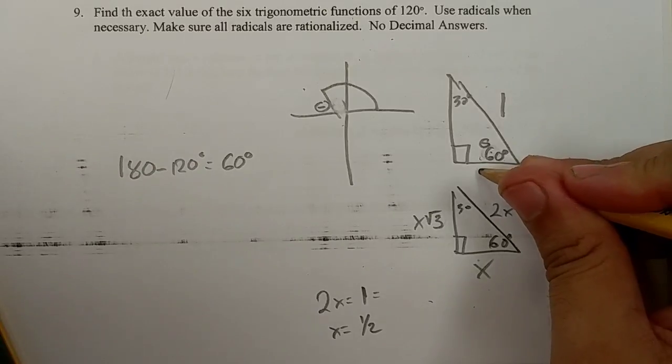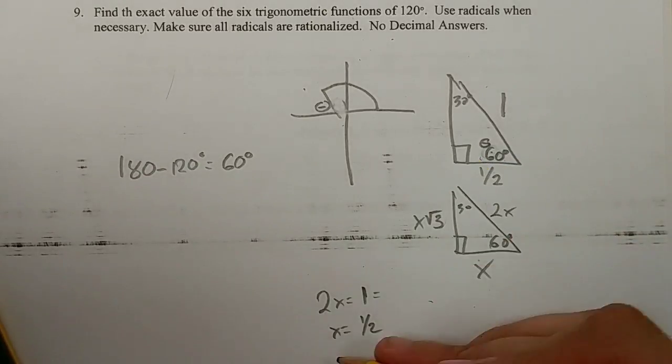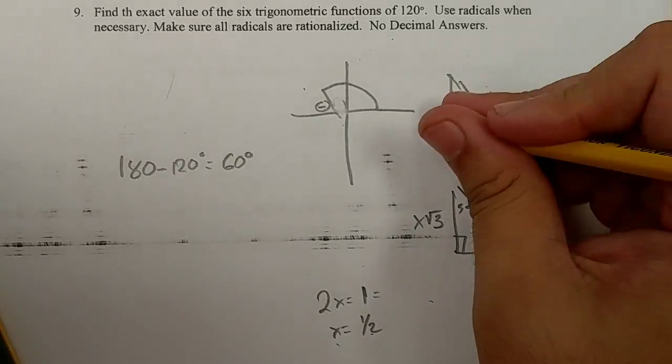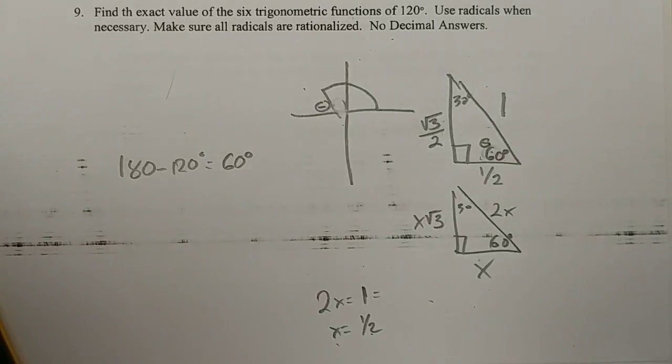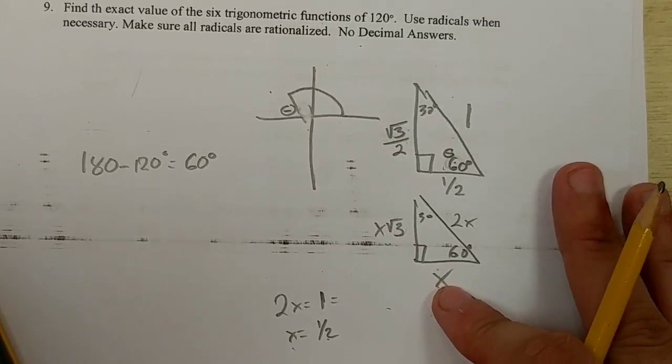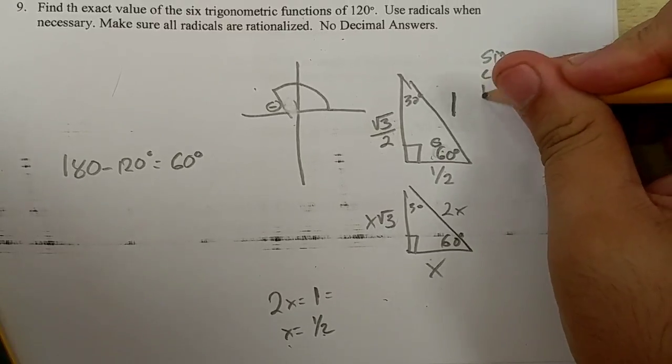So I know over here across the 30 is 1/2. And then over here, if x equals 1/2, x root 3 is going to be root 3 divided by 2. Okay? Now we have that, we can make our 6 trig functions: sine, cosine, tangent.